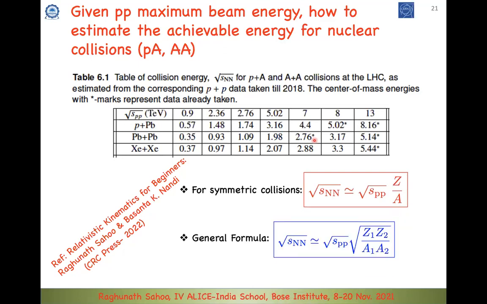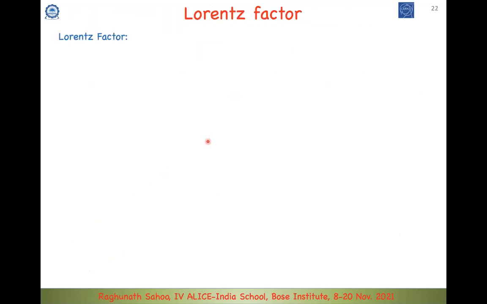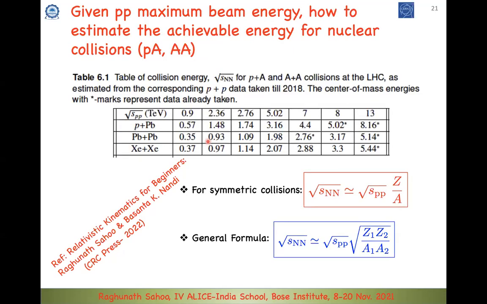So the general formula is this, and for symmetric collision you can write sqrt(s_pp) times Z by A. If it is not a symmetric collision, for example, if you want to explore what is my p-Pb collision energy, you have to use this formula particularly, and you will find that these energies are actually available: 5.02 TeV and 8.16 TeV for p-Pb collisions are available. Okay, any question up to this slide?